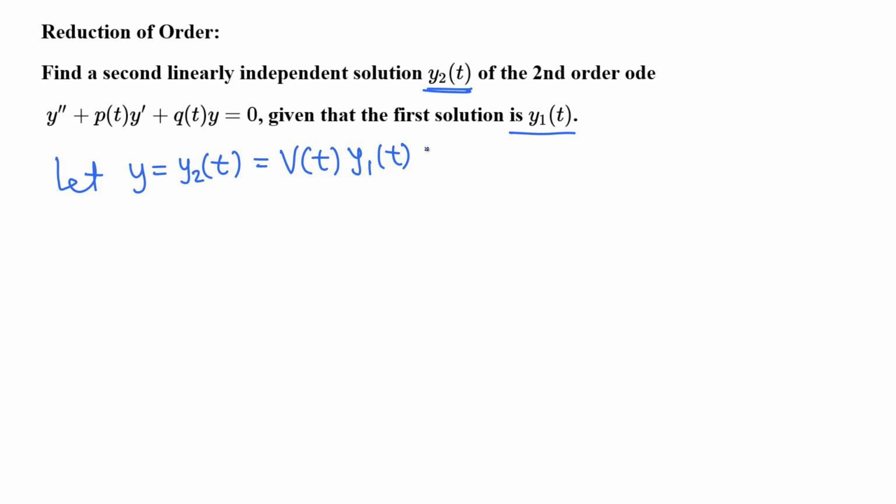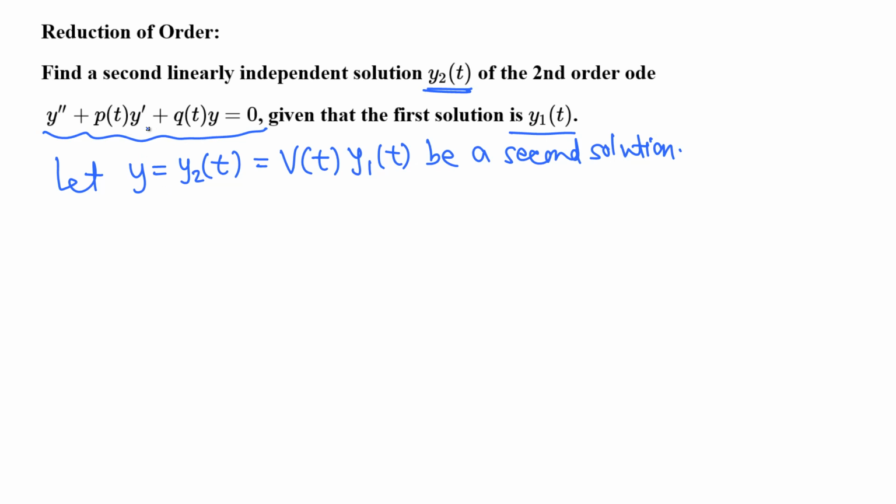Let that be a second solution. Since we are multiplying by a function, not a constant, this second solution will be linearly independent to the first solution. Okay, now since this is also a solution, we can plug this into here.